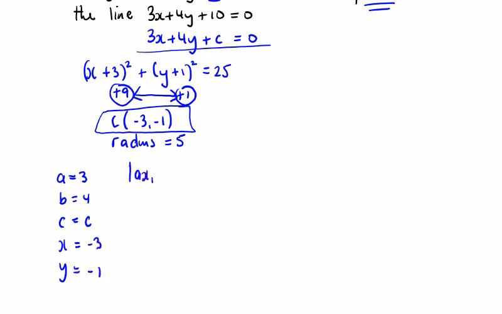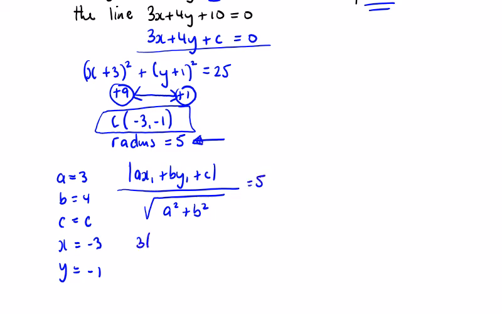So write your equation out, ax1 plus by1 plus c over the square root of a squared plus b squared. The perpendicular distance this time is 5. So 3 by minus 3 plus 4 by minus 1 plus c over the square root of 3 squared plus 4 squared.